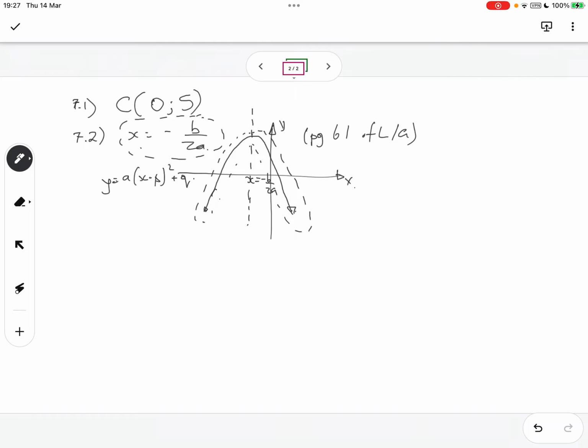Our equation is y equals a into x minus p squared plus q. So we don't have b. Ax squared plus bx plus c equals y.